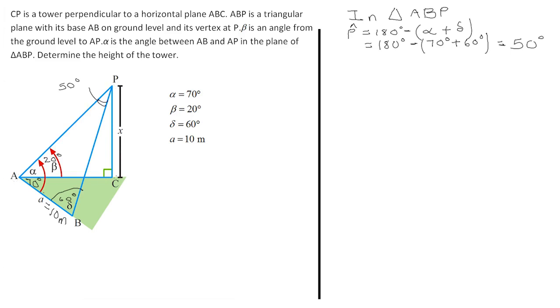AP forms part of triangle PAC, but AP also forms part of the non-right-angled triangle PAB. So I'm going to now find the value of AP by using this non-right angled triangle.